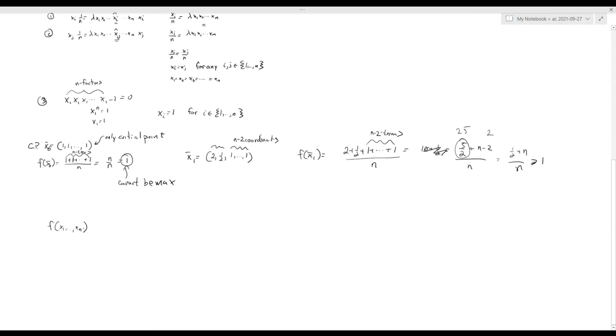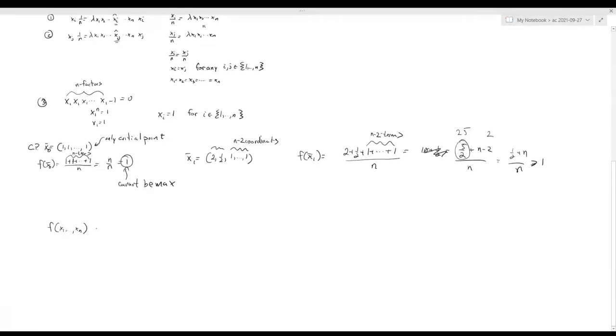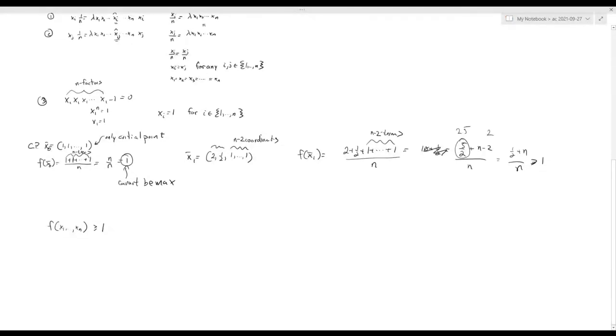So the function at any other point has to be greater than 1, at least a point that's on the curve, on the surface, that satisfies the constraining equation.